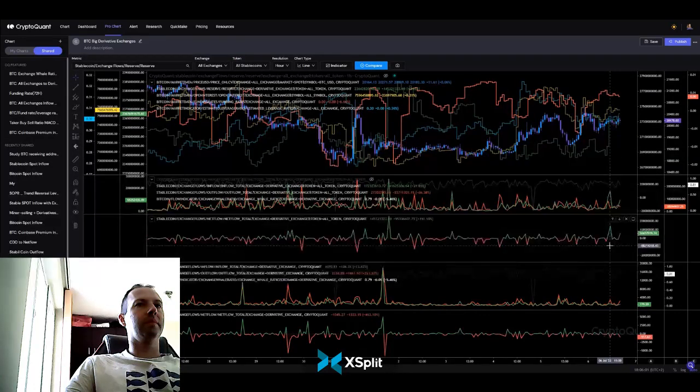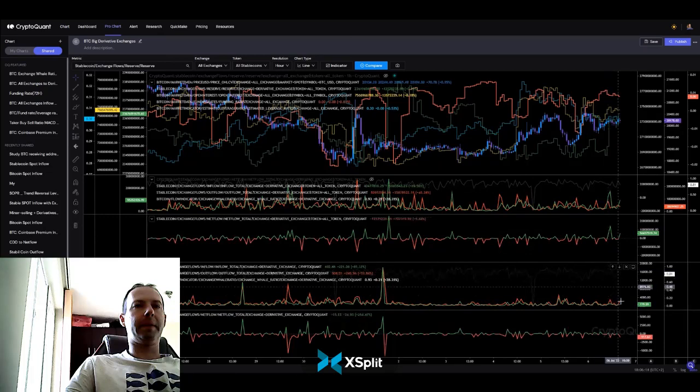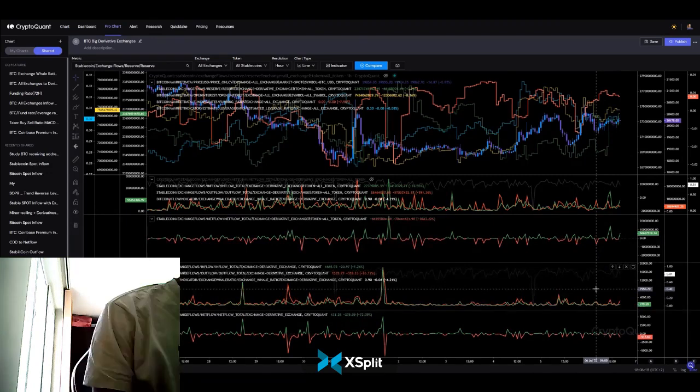At the same time, the funding rate is declining, but we also need to see blockchain whispers and the liquidation maps to complete the whole futures overview. Bitcoins to the derivative exchanges, almost none. Here 3,000, that was this morning. Since then, much more outflows than inflows.